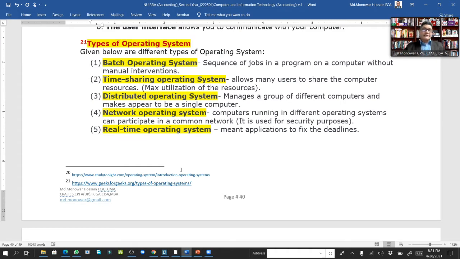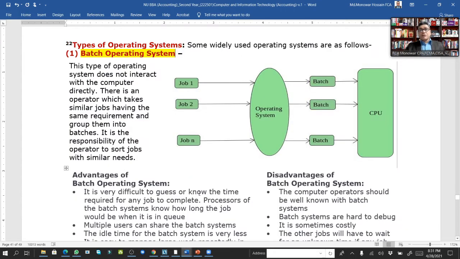We can say there are batch operating system, time-sharing operating system, distributed operating system, network operating system, real-time operating system, etc. If we go for further details, batch operating system, these types of operating system do not interact with the computer directly.